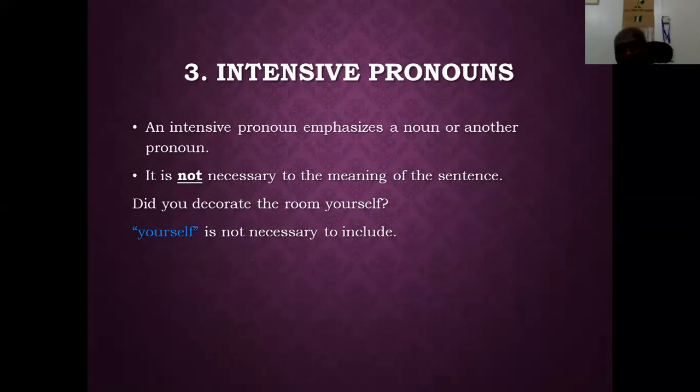When we remove yourself, we have, did you decorate the room? You see that the sentence is still meaningful. So the reflexive pronoun must always be in the sentence for the sentence to be meaningful.